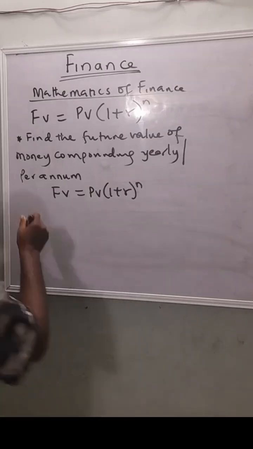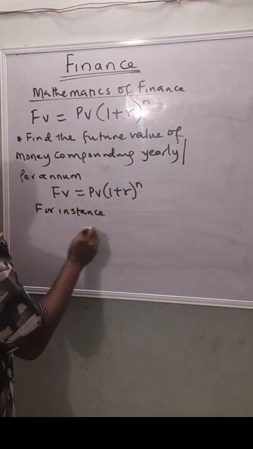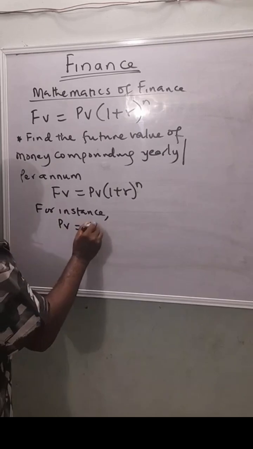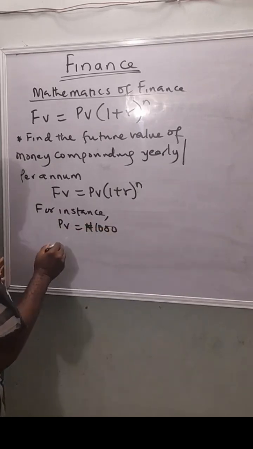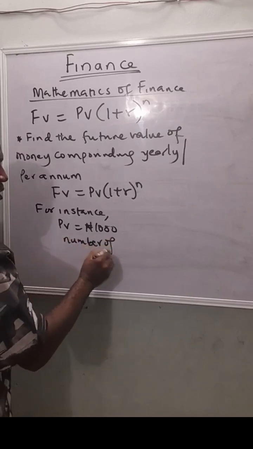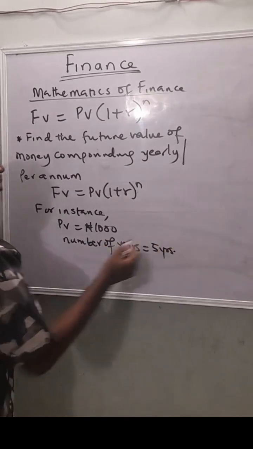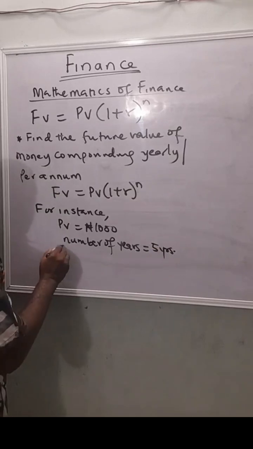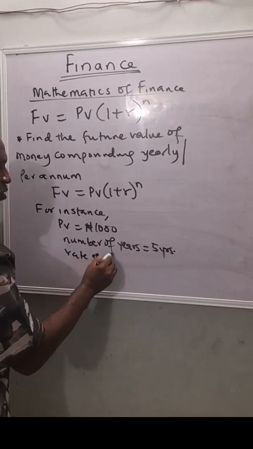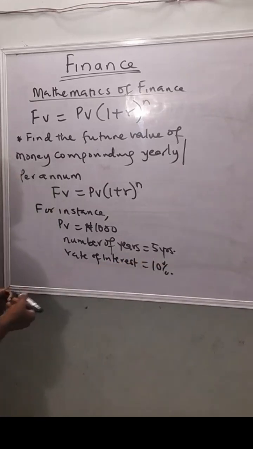For instance, present value 1,000 naira. Number of years, maybe 5 years. Rate of interest, 10%.